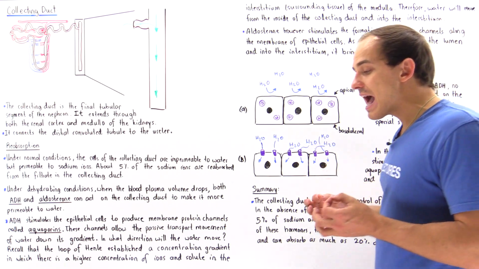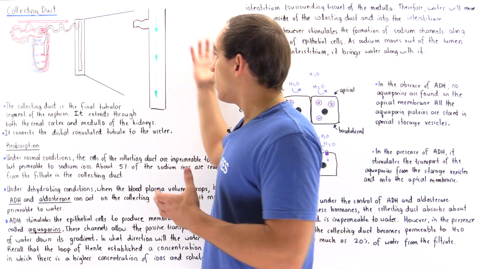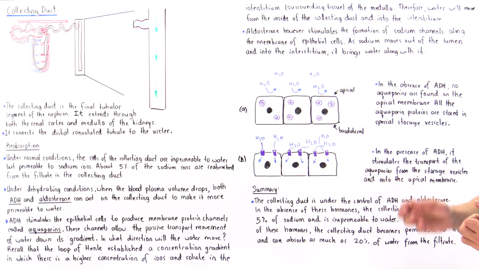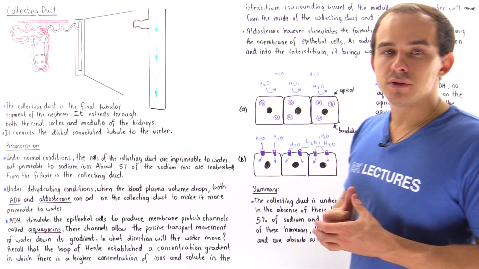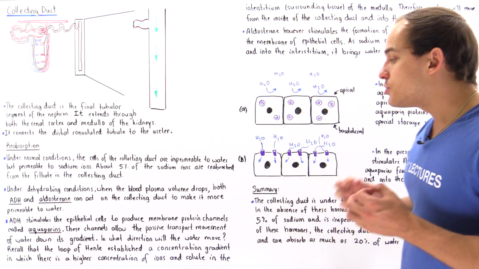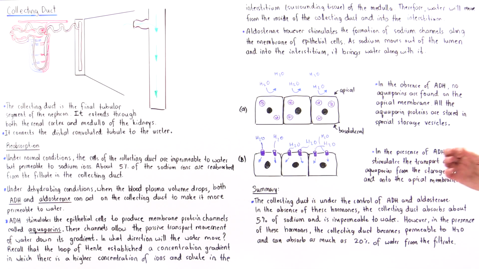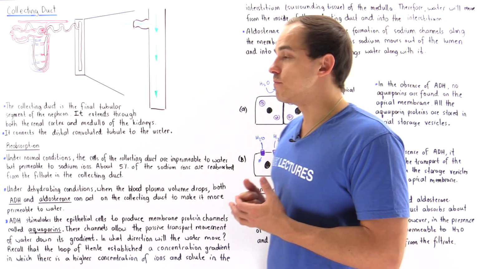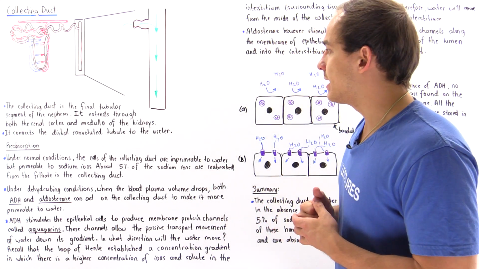However, when we have the hormones present along this region, they force our collecting duct to become permeable to water. And as much as 20% of the total water inside the filtrate can actually be absorbed under dehydrating conditions, when the blood volume inside our blood plasma is low.